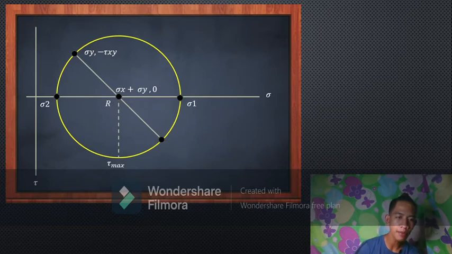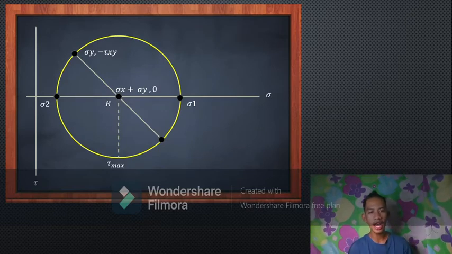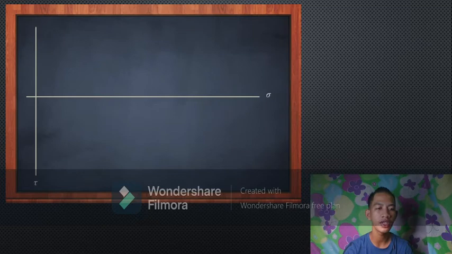At this time, I'm going to teach you how to plot Mohr's circle. The first thing we need to do is draw a horizontal line and a vertical line, which are our sigma and tau axes, or the normal and shear stress. Second, plot our x and y coordinates. Third, connect our x and y coordinates with a diagonal line.